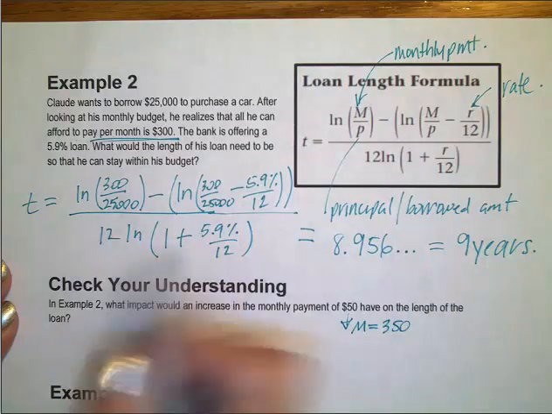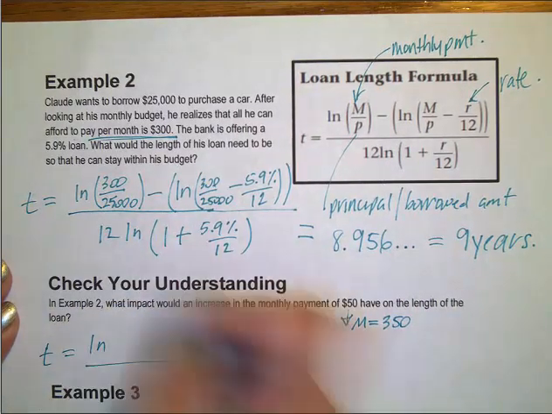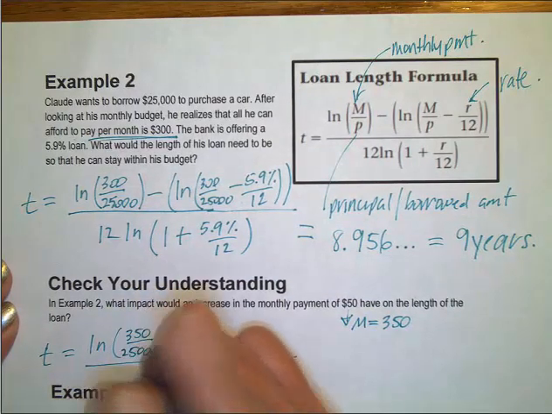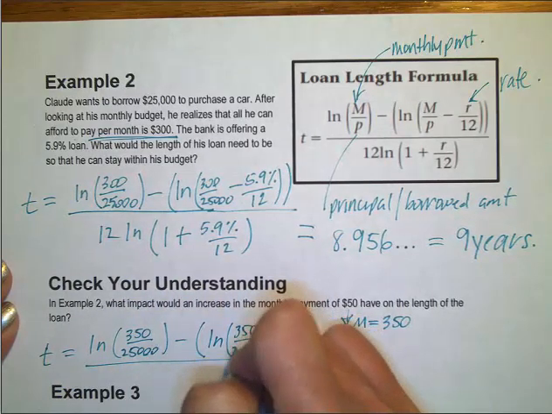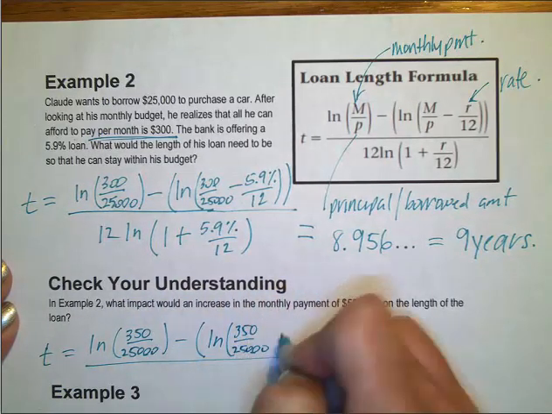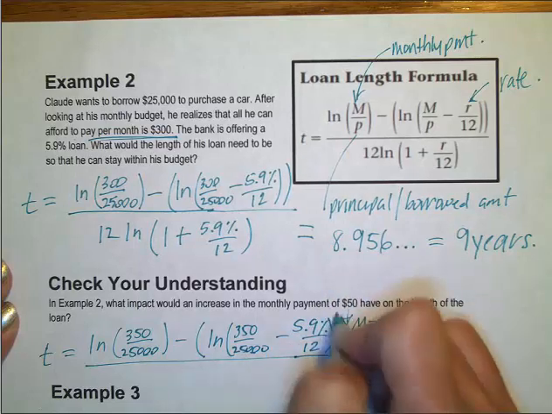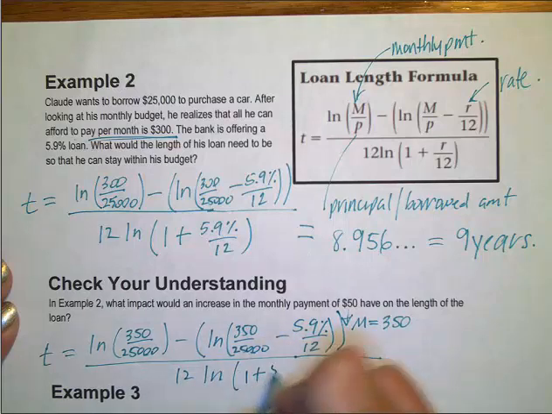So we're going to use the same equation, T equals ln, and I know it's tedious, but remember, you get these formulas, so that's the good news. We don't have to memorize these. So we're changing our work to say $350. 12 ln 1 plus 5.9% over 12.